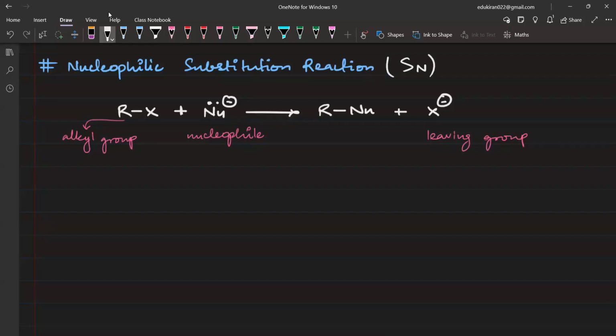If you pay attention, two things are happening here. Whenever a reaction happens, there are two things occurring: bond breaking and bond formation. In nucleophilic substitution reaction, you can see that the RX bond is getting broken.